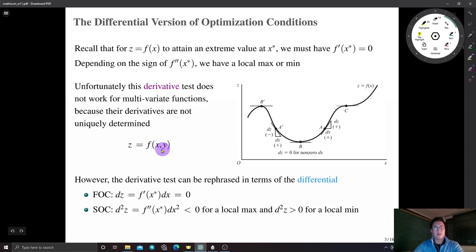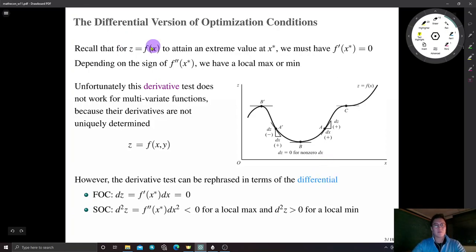But in the case of several variables, we have several different derivatives, partial derivatives. Okay, but the differential is uniformly applied to every function irrespective of the dimension, so irrespective of the number of variables.